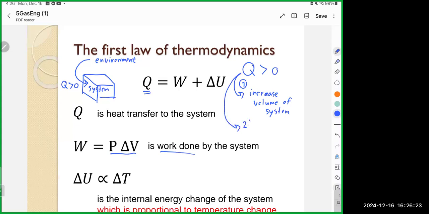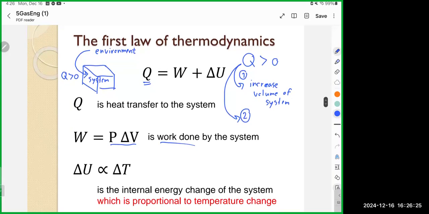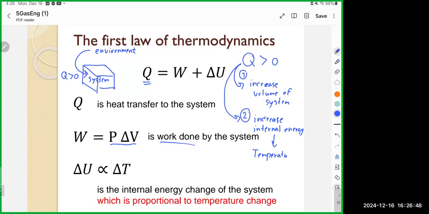The second way is to increase the internal energy. Internal energy. So this means that the temperature increases. Okay.